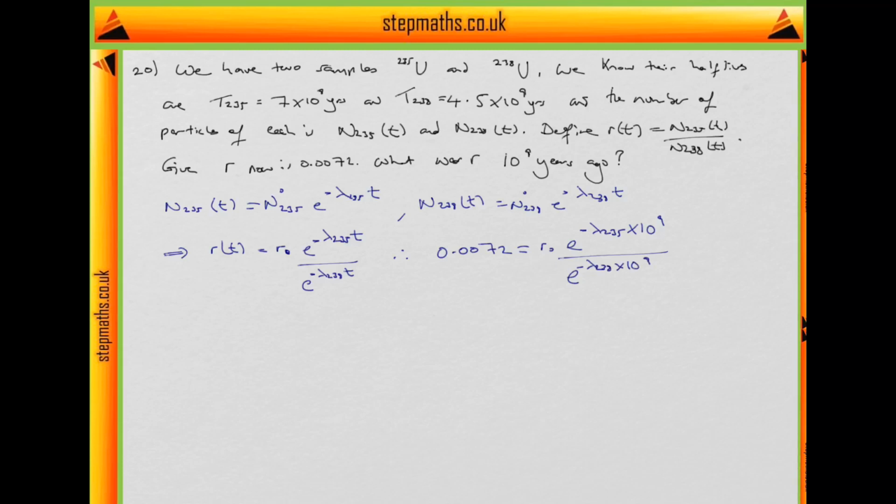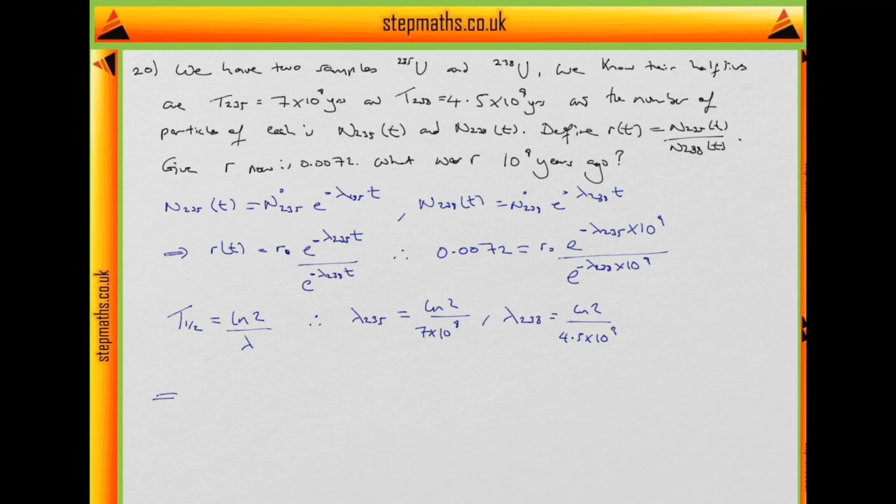Okay, we're now going to find lambda 235 and lambda 238. Well, we know that the half-life, t sub half, is equal to ln 2 over lambda, the decay constant. Therefore lambda 235 is equal to ln 2 over 7 times 10 to the 8, and similarly lambda sub 238 equals ln 2 over 4.5 times 10 to the 9.